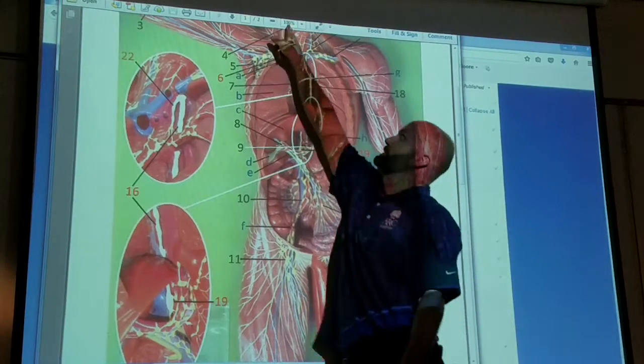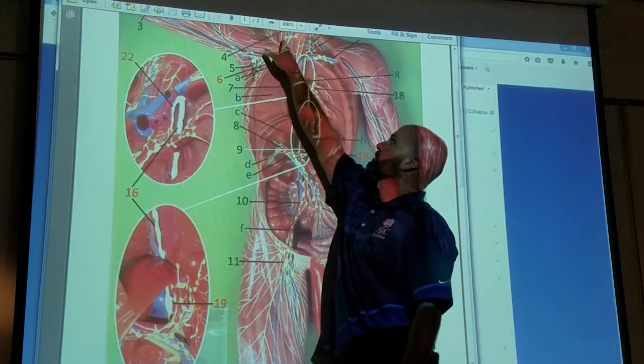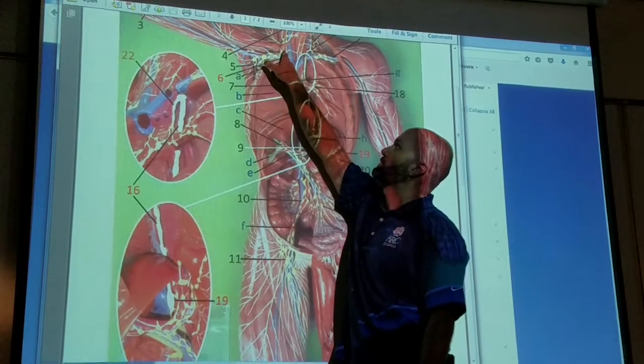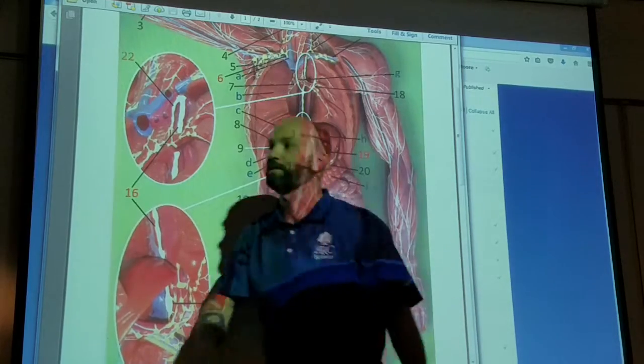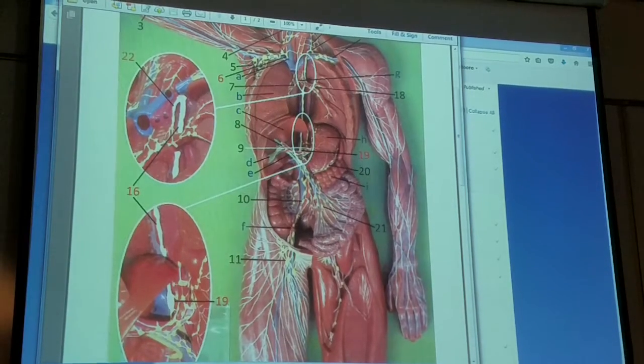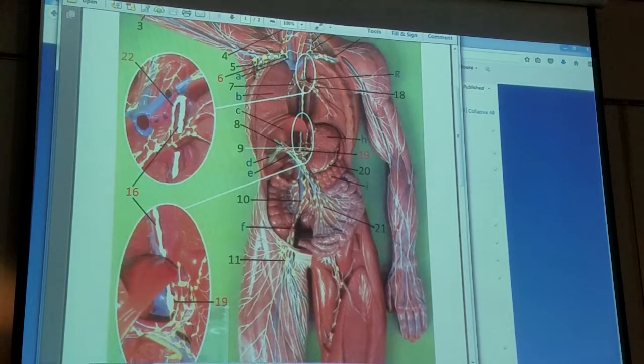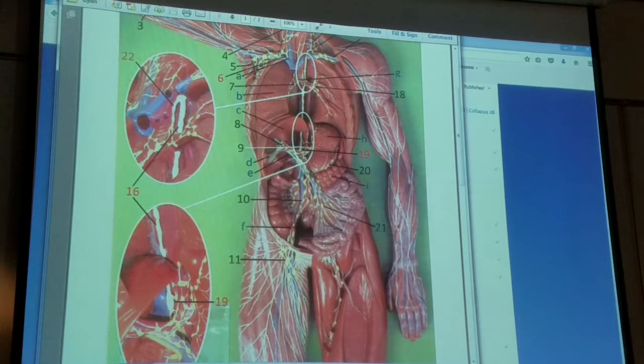Okay, how about this one? Coming down the neck, right jugular, so this must be right subclavian. So you can see all 9 trunks, you can see the 2 ducts, and then how about all those collections of yellow circles?